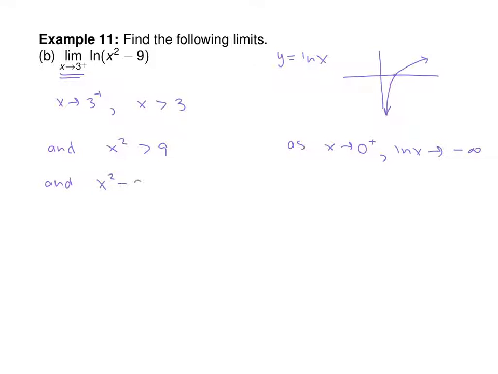And x squared minus 9 is bigger than 0. So x squared minus 9 is going to 0, and it's a little bit positive. What happens if you take the natural log of a little positive number? It goes crashing to negative infinity.